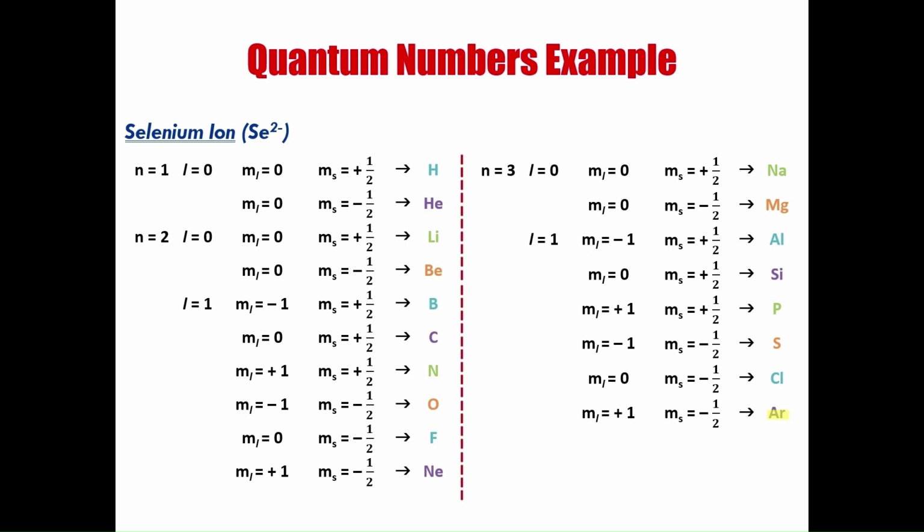And so to do that, we need to write n equals 4. And of course, we denote the s orbital in the fourth energy level by writing L equals 0. Ml is of course equal to 0. And you have the first spin electron, the positive spin electron. That will be potassium. The second spin electron will be calcium.